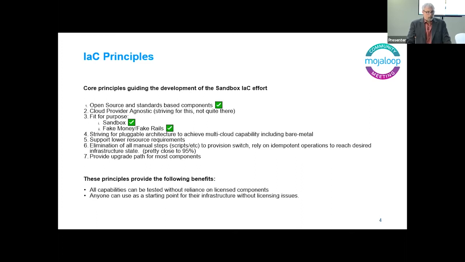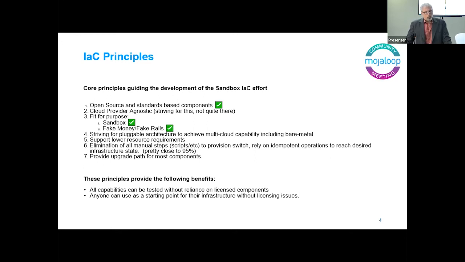It's fit for purpose for sandbox environment, for fake money on fake rails. So that's the definition of what we're building for. And again, as I mentioned before, we're striving for a pluggable architecture so that we can plug in different cloud providers.